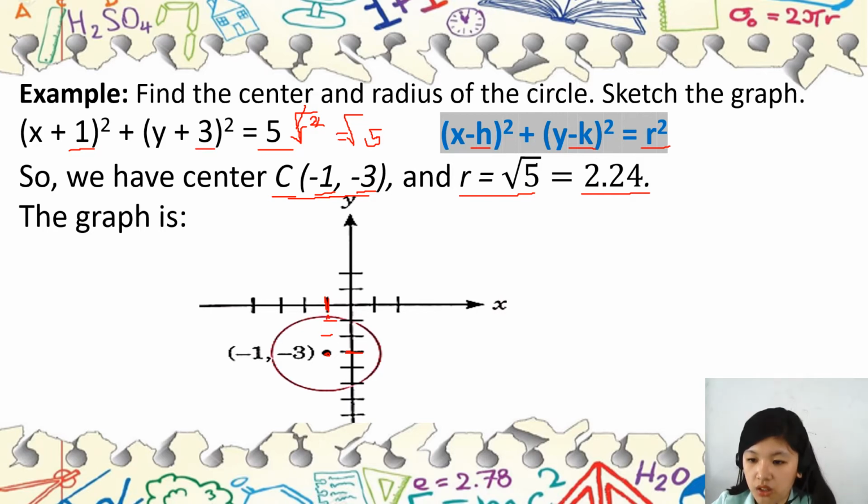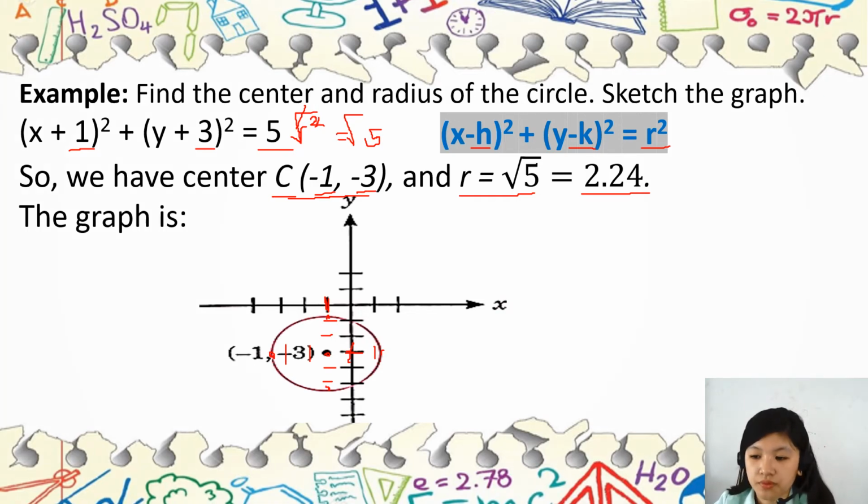Then going down 2.24, 1, 2, then the 0.24. Then to the left 1, 2, then 0.24. Then to the right, 1, 2, then 0.24. When we connect the points using a circle, this is the graph.